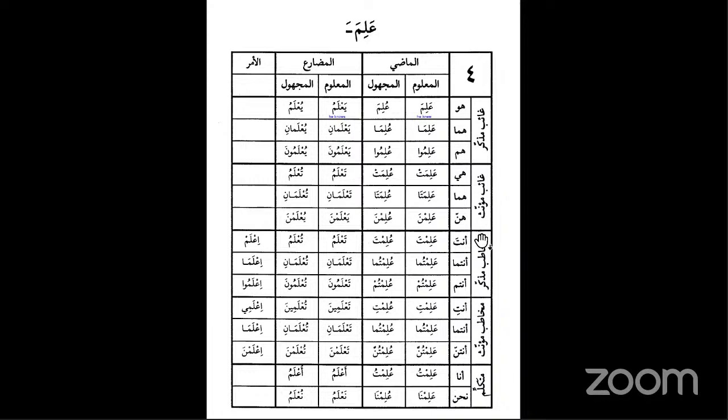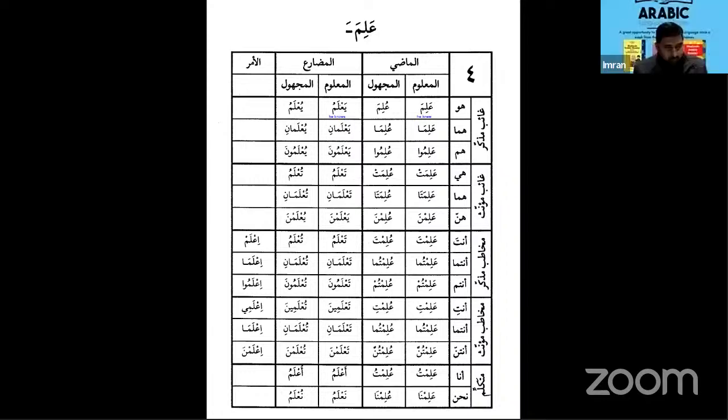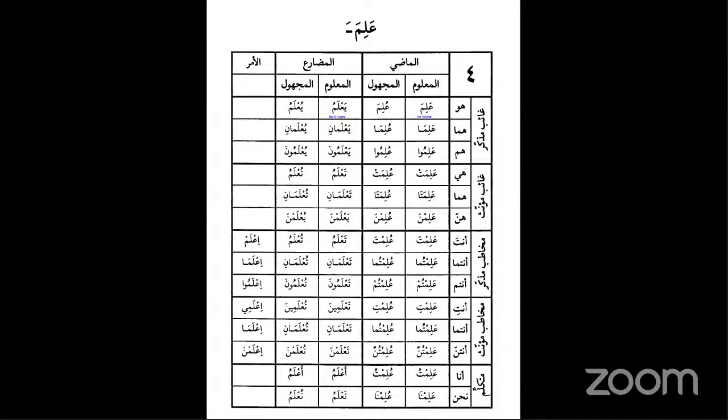Hunna alimna, they all knew. Anta alimta, you knew. Antuma alimtuma, you both knew. Antum alimtum, you all knew. Anti alimti, you knew feminine. Antuma alimtuma, that's dual. Antunna alimtunna, you all knew plural. Alimtu, I knew, and nahnu alimna, we knew. Excellent.